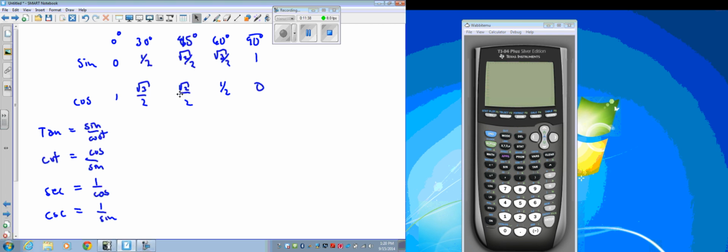Does the way the words are suggest to you that cosecant should be 1 over cosine? Some of the names would make more sense if they were better words. Yeah, but they're co-functions. Secant and cosecant are co-functions of each other. But the cosecant is 1 over sine.